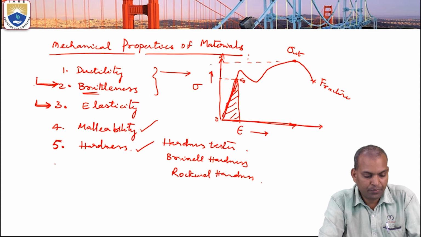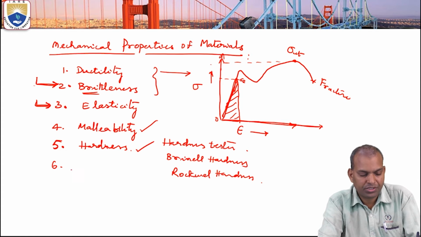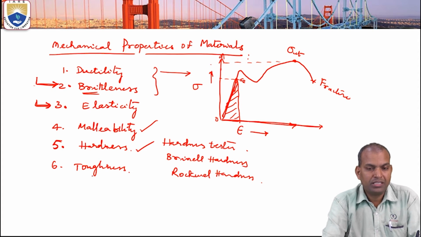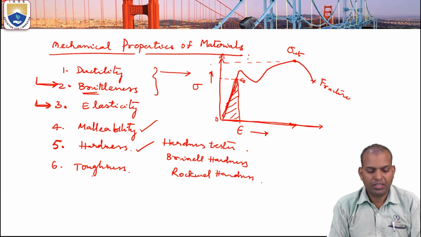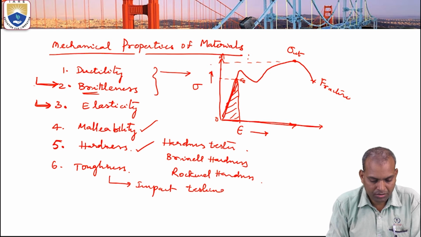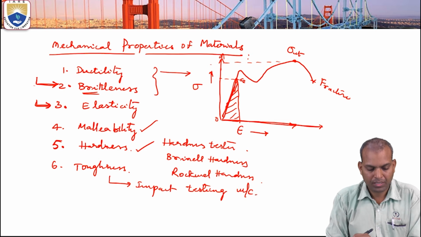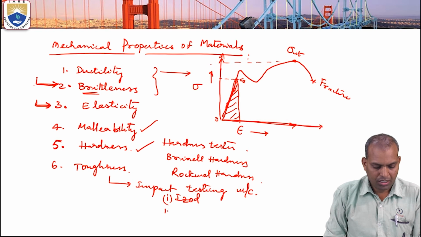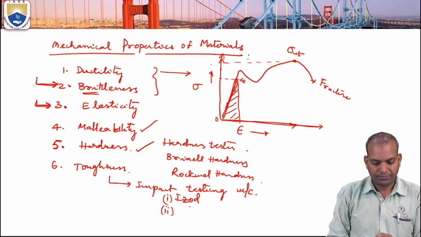And one more important property is toughness. This toughness is measured experimentally with the help of an impact testing machine. Again, there are two types of impact tests. Number one, Izod testing. Another one is Charpy testing.